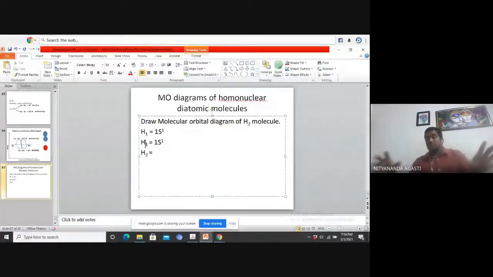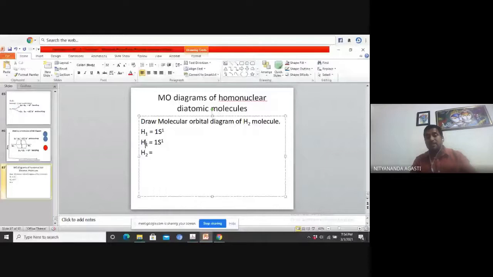That is, 1s atomic orbitals of two different hydrogen atoms. What does our first rule say? Atomic orbitals of two different atoms of similar energy and similar symmetry. Now look at this, 1s, 1s.